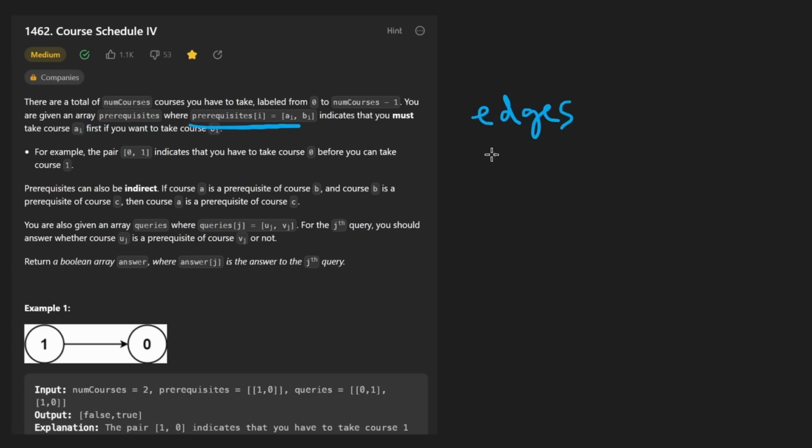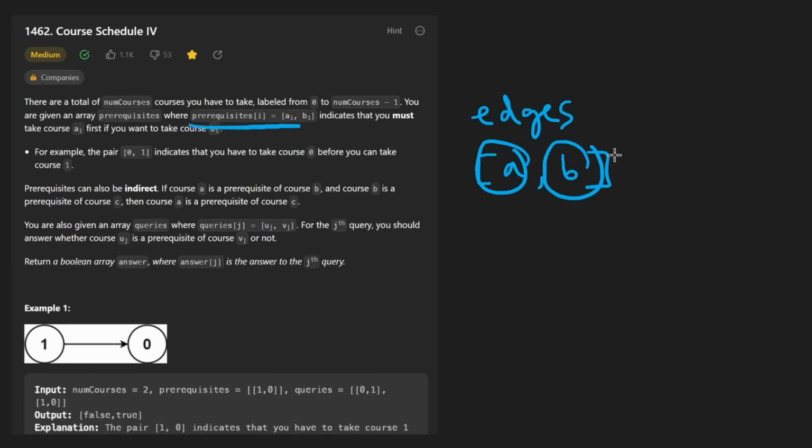So if we have a prerequisite pair in our list of edges like A and B, this basically means that A is going to be a prerequisite of course B. So to take course B, we have to take course A first.